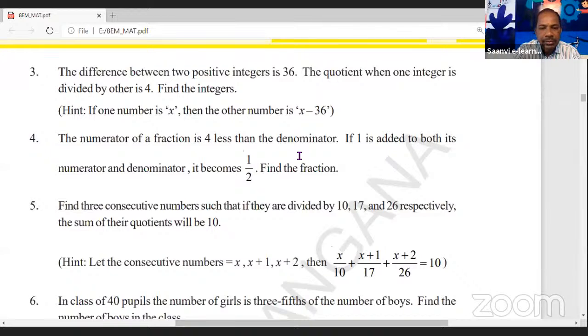So x is divided by 10, x plus 1 is divided by 17, and x plus 2 is divided by 26. The sum of the quotients is 10. What is asked here? Find the three consecutive numbers.